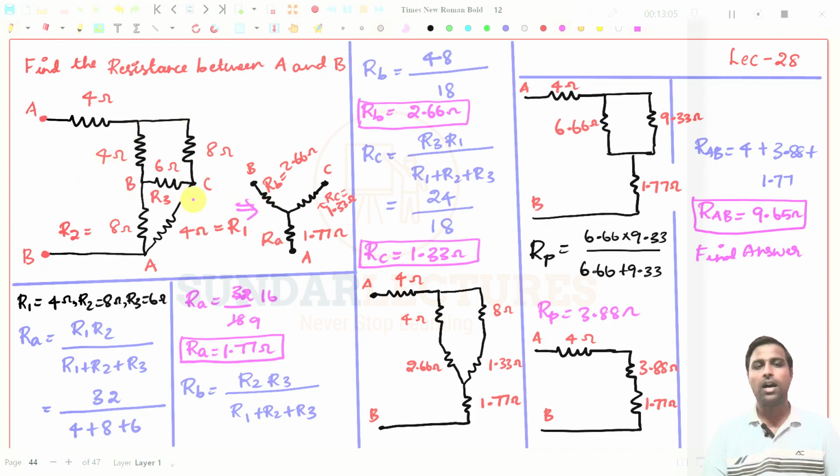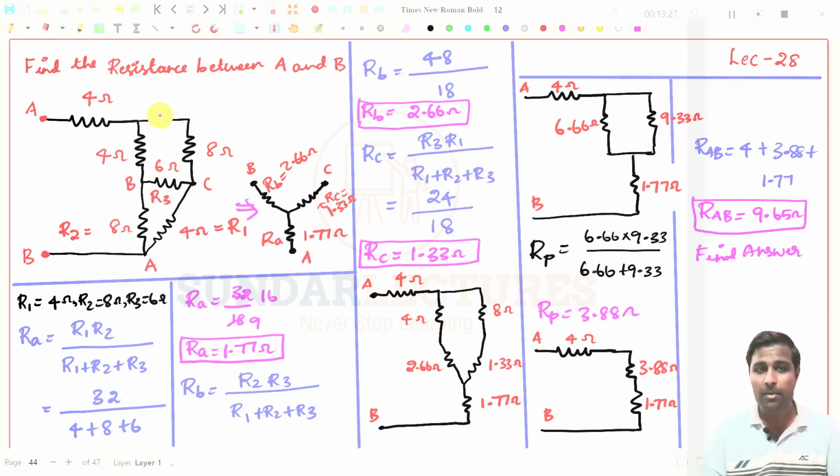So we can go for delta to star connection, since this is connected like a delta connection. And also you see these three can also be converted into a star connection, since these three resistances, 4 ohms, 8 ohms and 6 ohms, are also connected in a delta way, right?